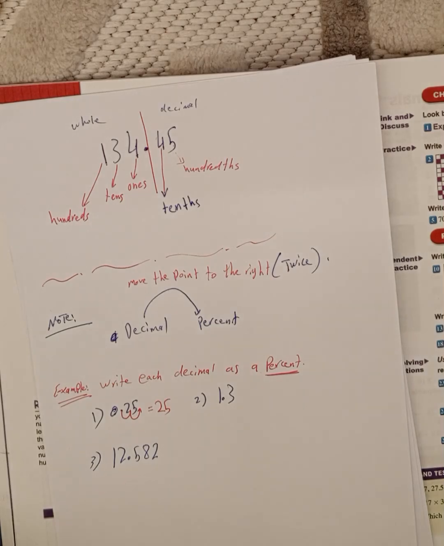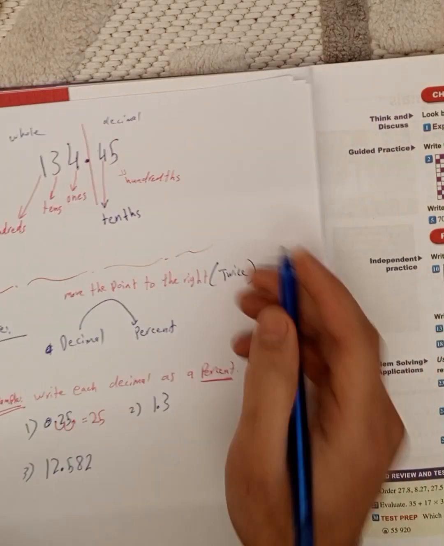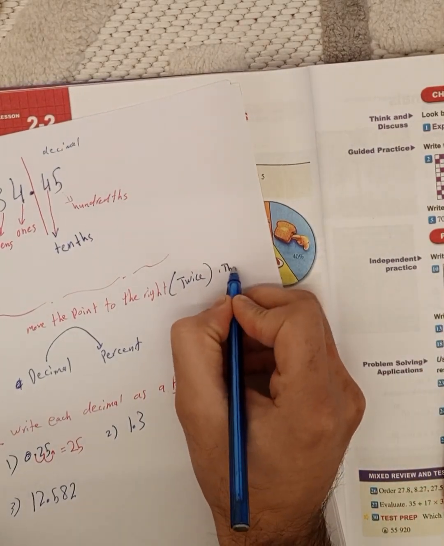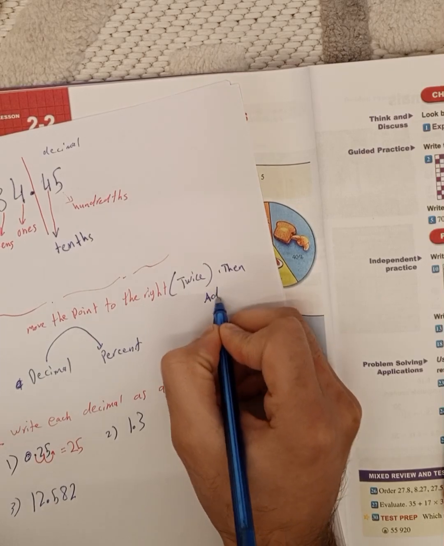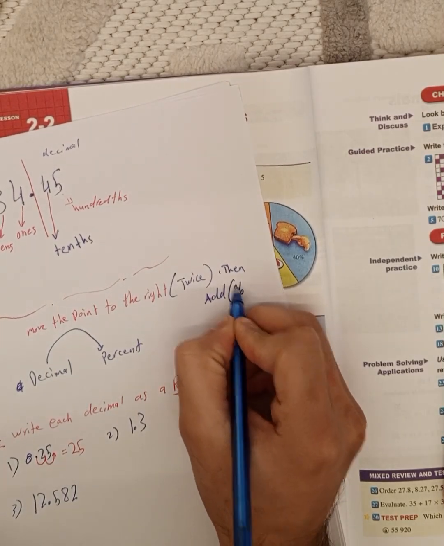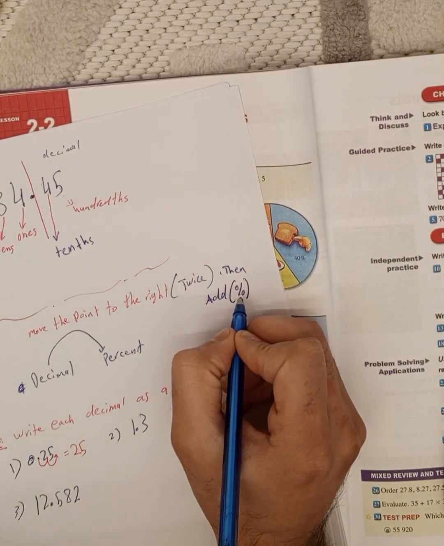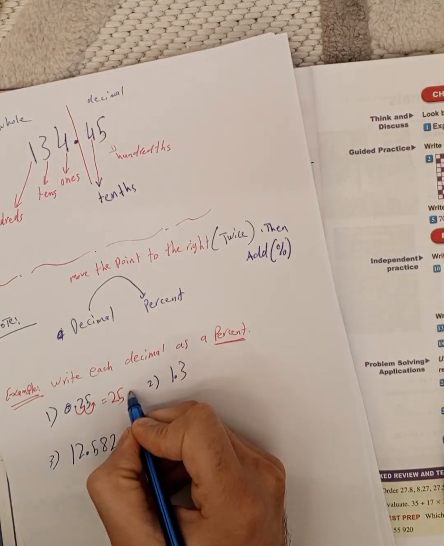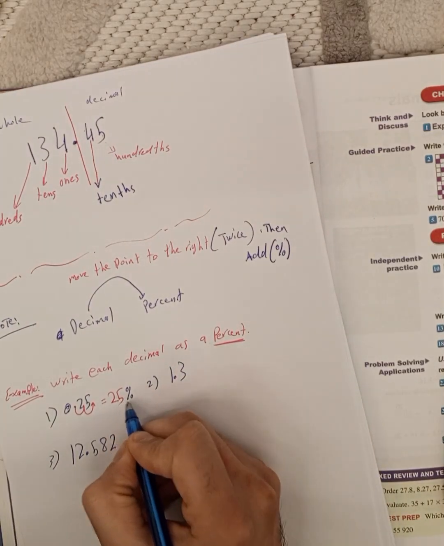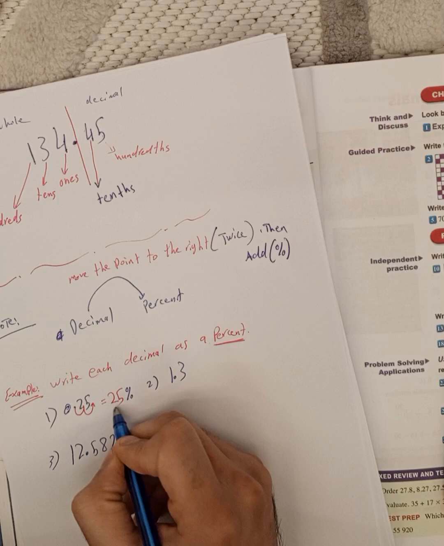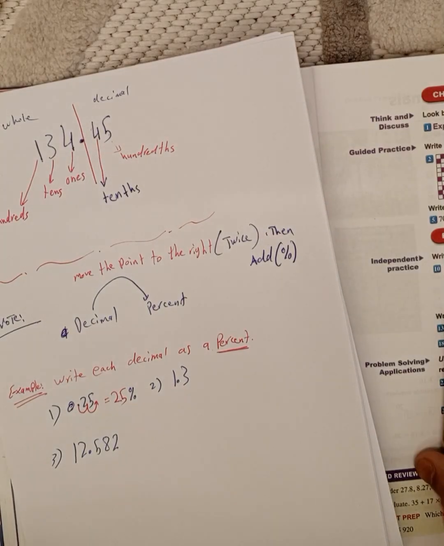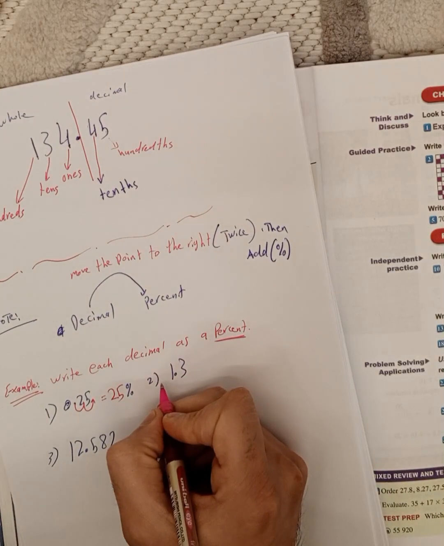Then what do we do? Add this symbol, which means percent. So it is 25%. That's it.